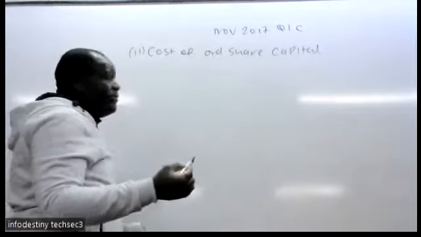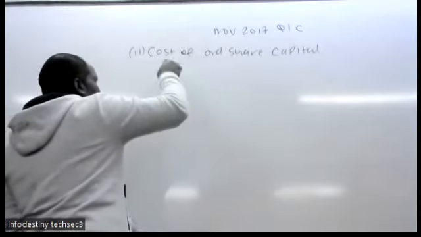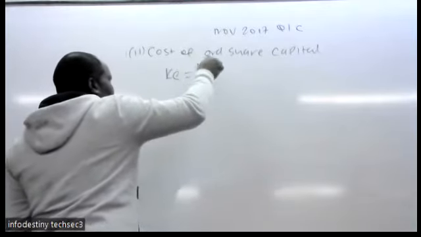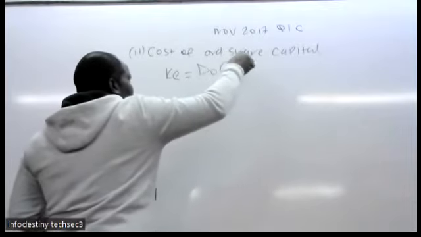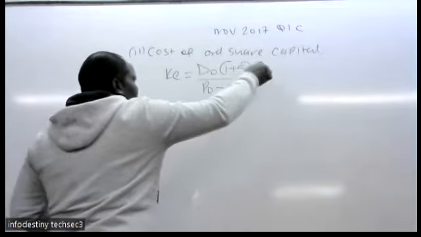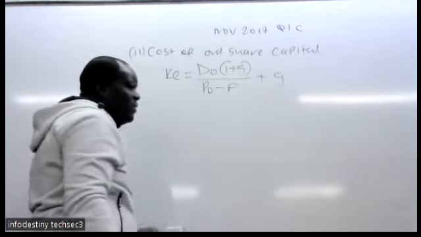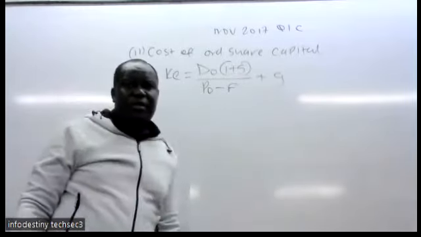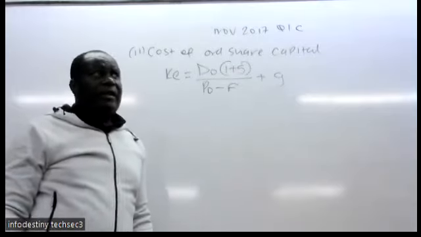It is meant to be KE. KE is supposed to be given by D0 (1 plus G) divided by P0 minus the flotation cost. We add G at that point.